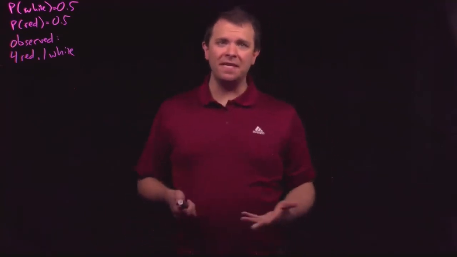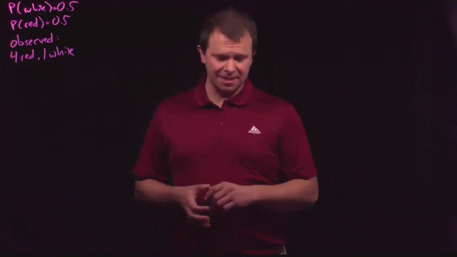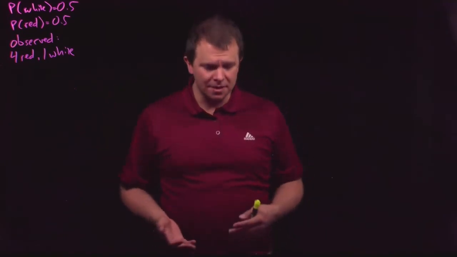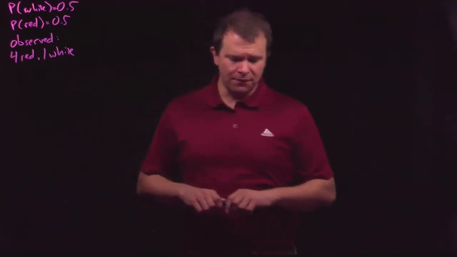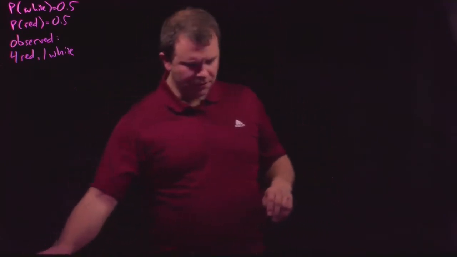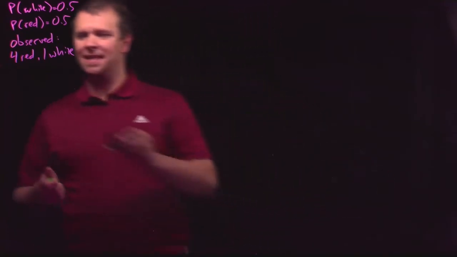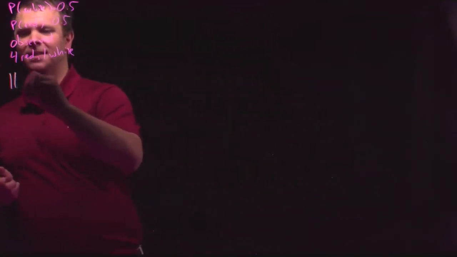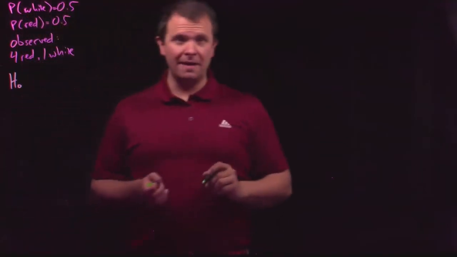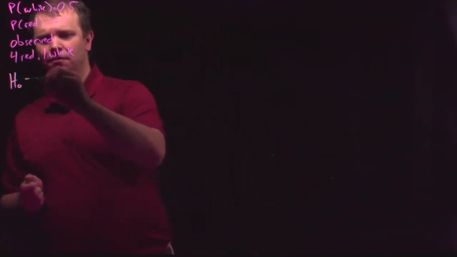We call each of these possible scenarios a hypothesis. So formally, let's call the first a null hypothesis and the second an alternate hypothesis. So we write the null hypothesis H0.